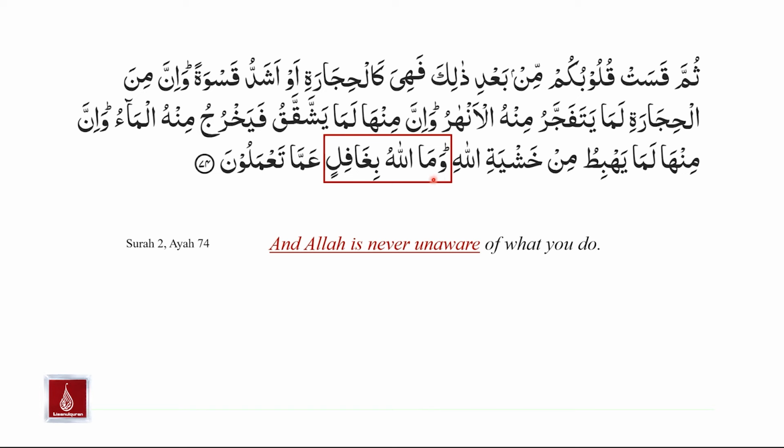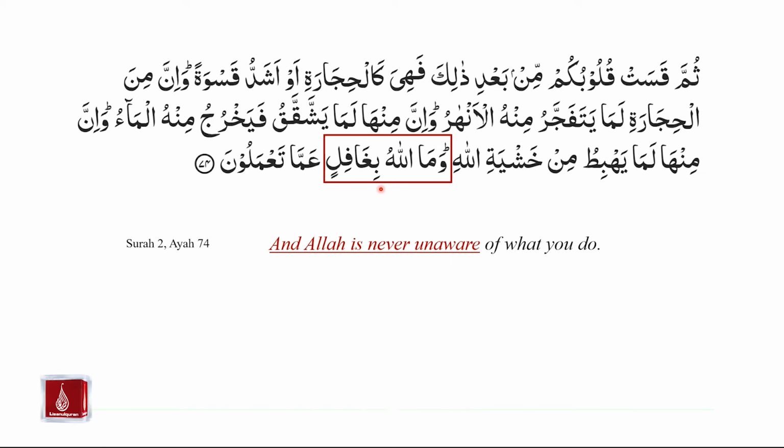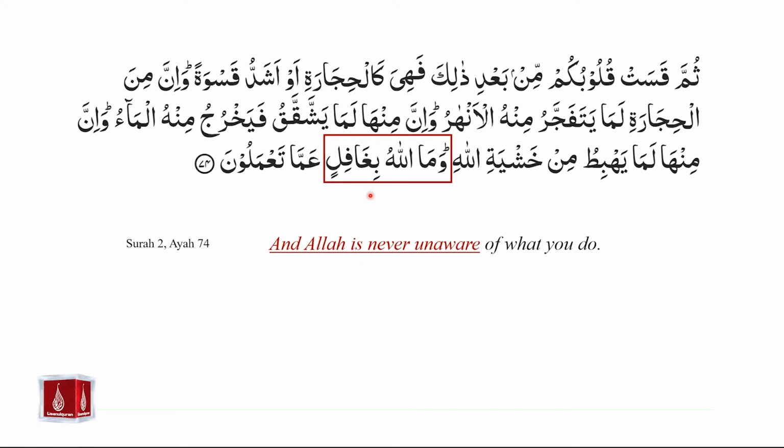Please note that ma in this case is also creating negation, and the use of ba harf jar is creating emphasis in that negation. With the use of ba harf jar, we have emphasis in the negation, and we get a possible translation of, and Allah is never unaware. Please also note that ghafilin is majroor because of the presence of ba harf jar.